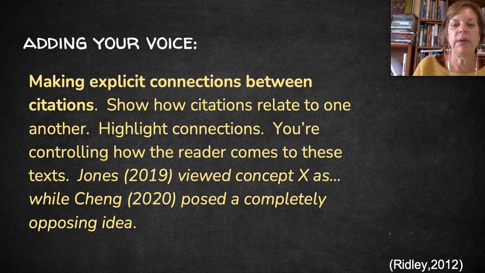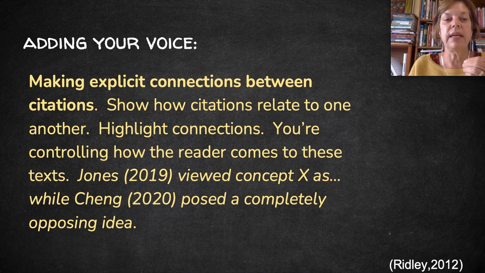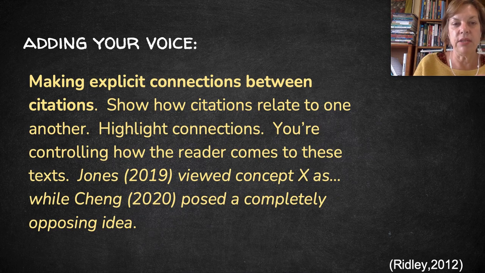You could also make explicit connections between citations, and this would insert your voice into your paragraphs. So show how citations relate to one another, highlight connections, and by doing this, you're controlling how the reader comes to these texts.